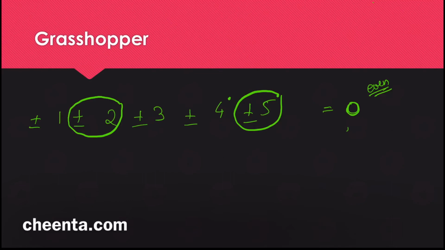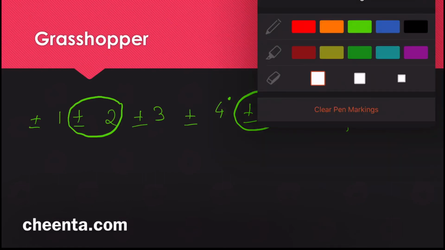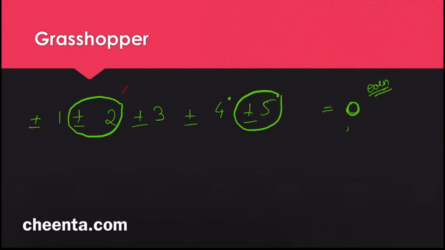For the sake of illustration, suppose this is negative and this one is negative. So we have a -2 and a -5. This is just an example. I want to convert this -2 into a +2. To do that, I'll add 2 times 2.